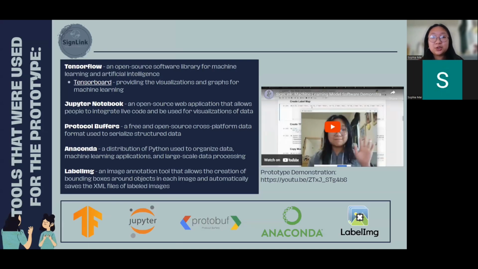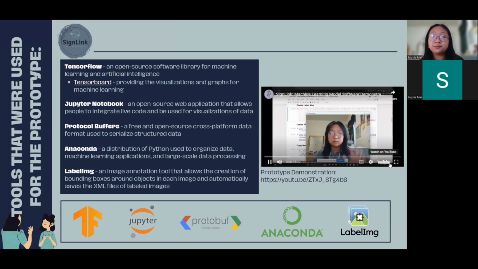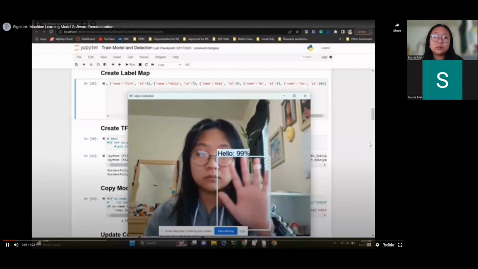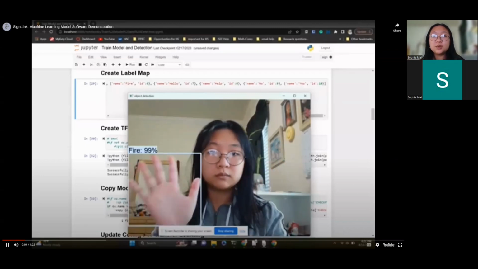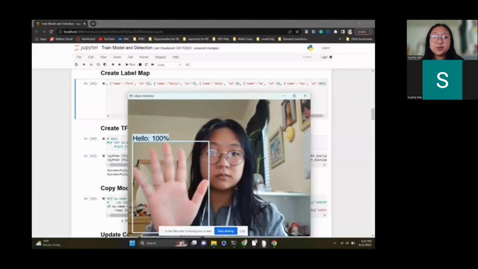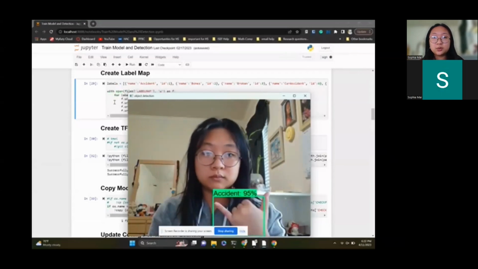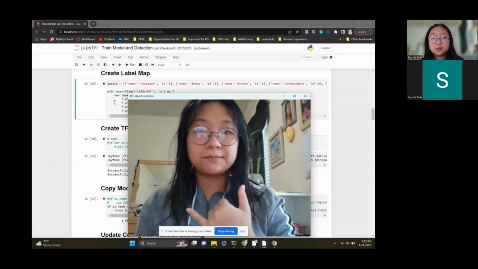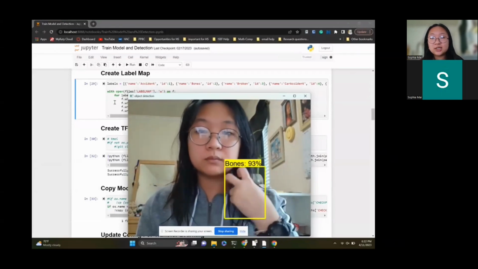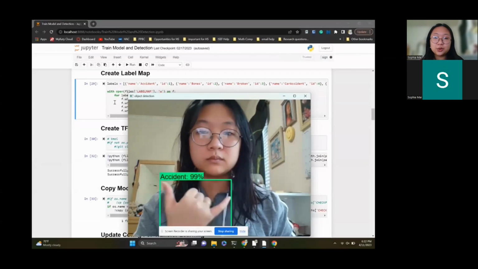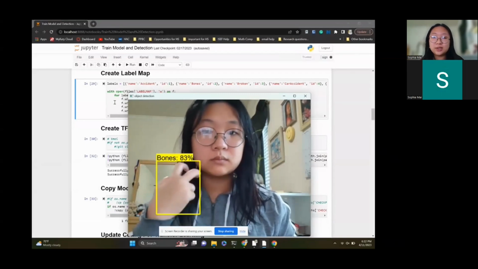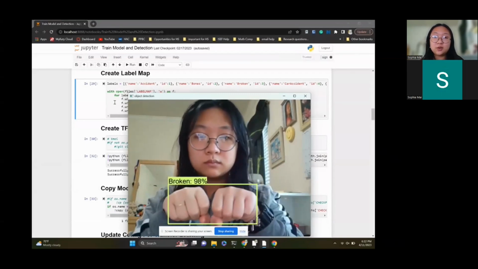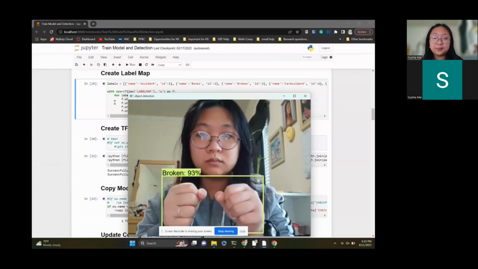Here's my prototype to address the disparity in communication between first responders and individuals who use sign language. Some of the tools that were used for this prototype were TensorFlow, Jupyter Notebook, protocol buffers, TensorBoard, Anaconda, and Label Image. The training of the sign language detection model began with importing and downloading necessary dependencies and programming tools such as Jupyter Notebook, which is an open source web application that allows people to integrate live code and be used for visualizations and data.